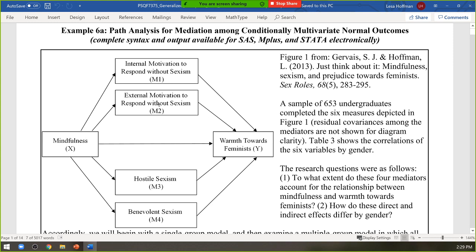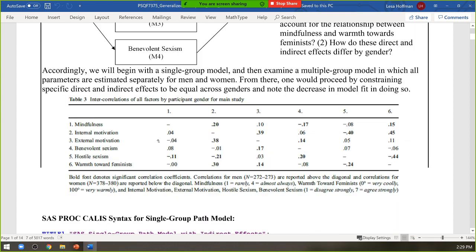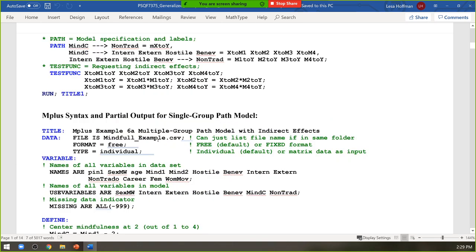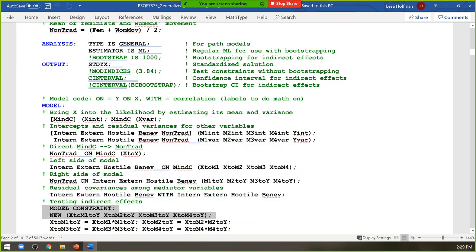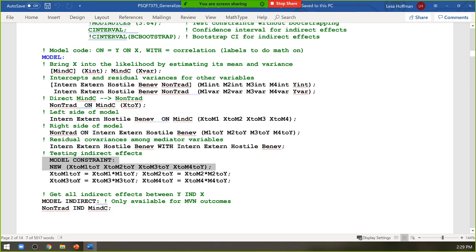So I'm evaluating 4 different mediators and the extent to which each is responsible for some kind of difference in the path here. So the original path is the C, and the path after controlling for mediators is the C prime. So I'm going to make manually 4 different indirect effects by multiplying the A path from mindfulness times the B path of the mediator to the outcome.